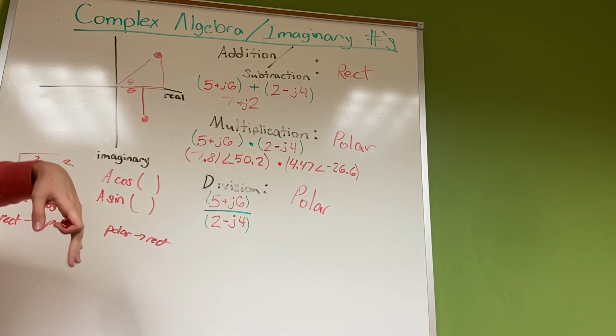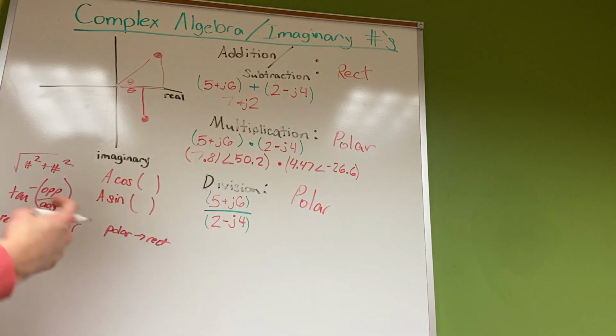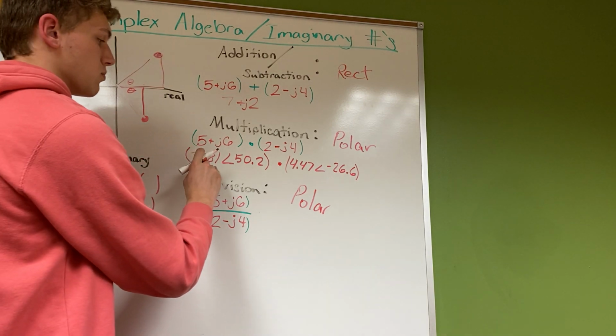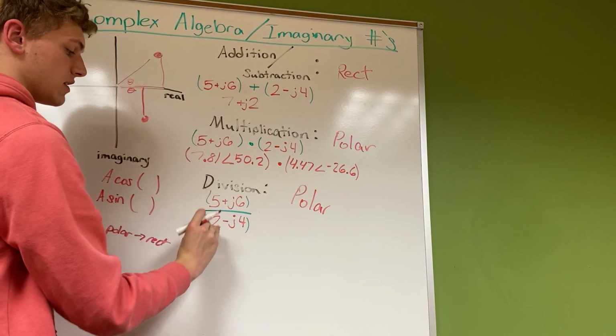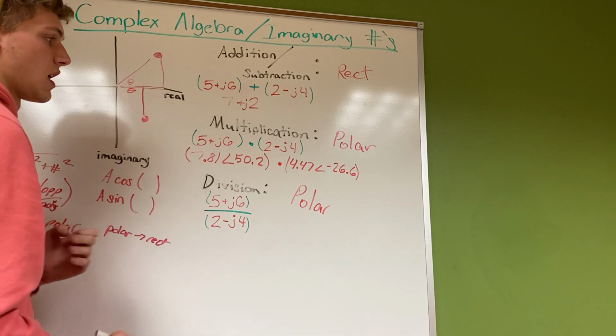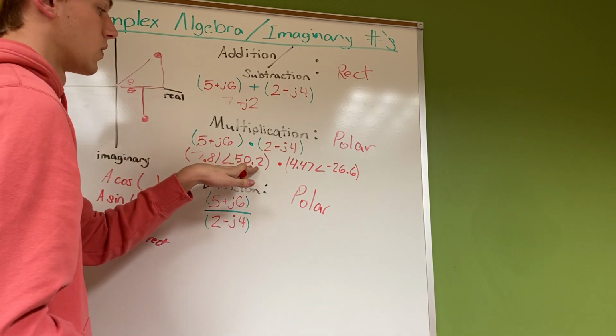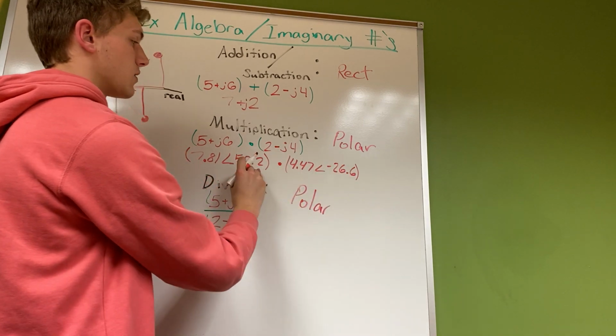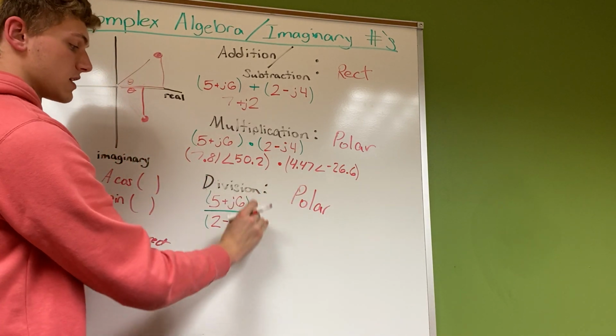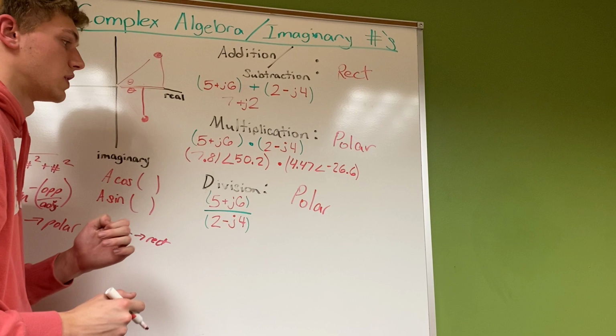For multiplication and division, they're really similar. I'm going to multiply the first numbers or divide the first numbers. And then for the angle, I'm going to add the angles or subtract the angles from the top one.